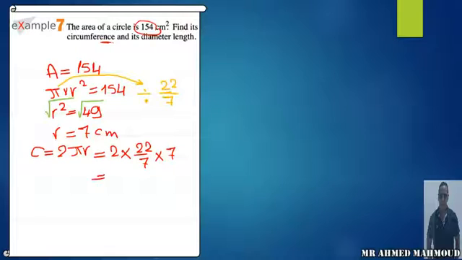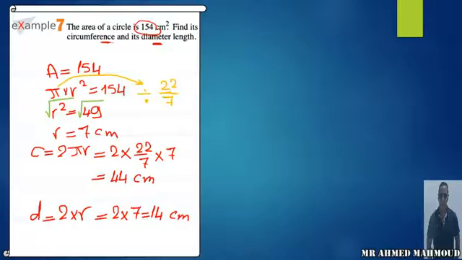This one equal 44 centimeter. The second required, the diameter length d equal 2 times r equal 2 times 7 equals 14 centimeters. This is the first example.